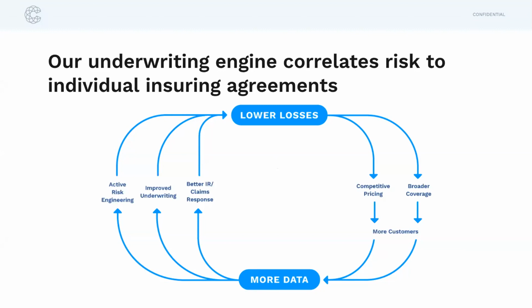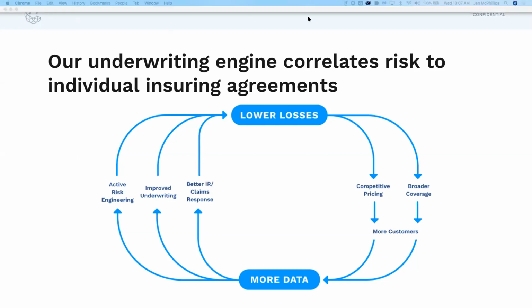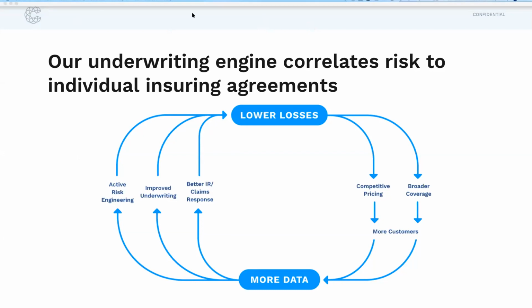So as you take a look at this diagram, to start at the bottom, we hope to demonstrate today all of our data collection efforts. As we collect data across the internet on millions of companies and their technology profile, and correlate that to security-related risks, and specifically cyber insurance-related risks, we capture a tremendous amount of data.